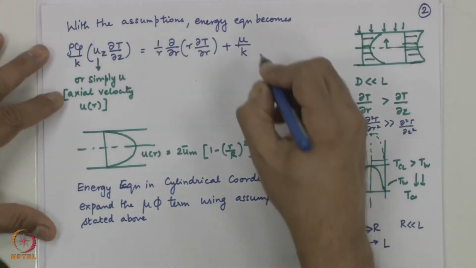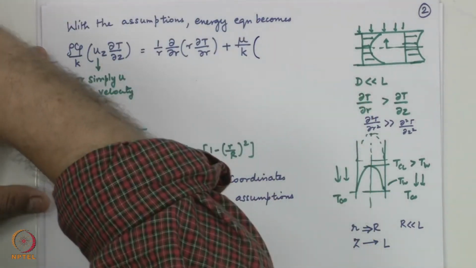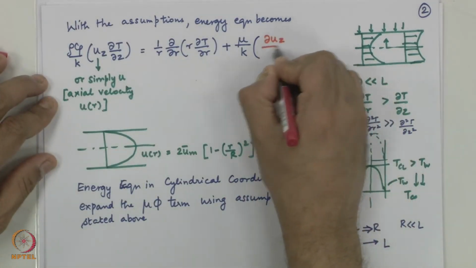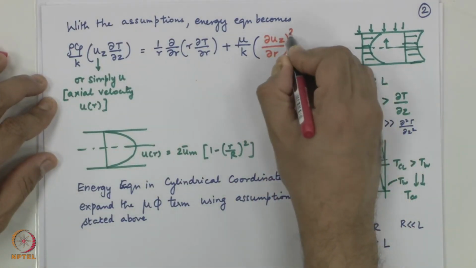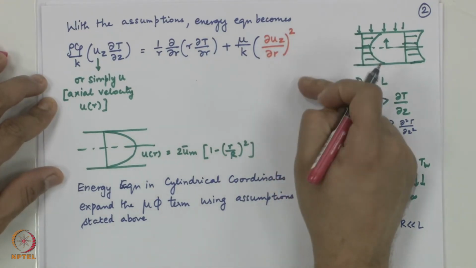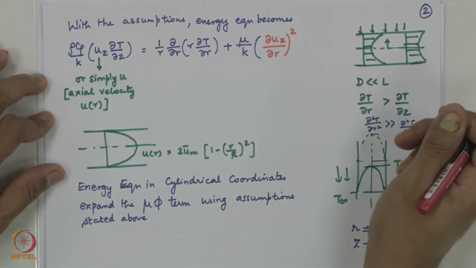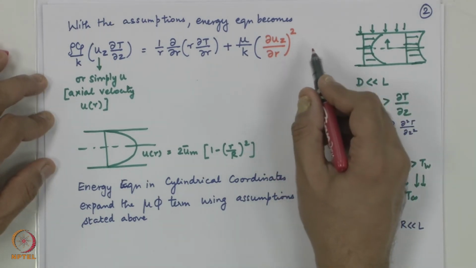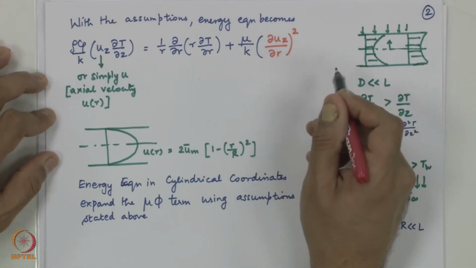If you do the maths, you would get only this term here. I am going to just mark this in red. You would get duz by dr the whole square, the gradient of the axial component of the velocity with respect to r, the whole square. Every other term in the viscous dissipation term is going to drop off.